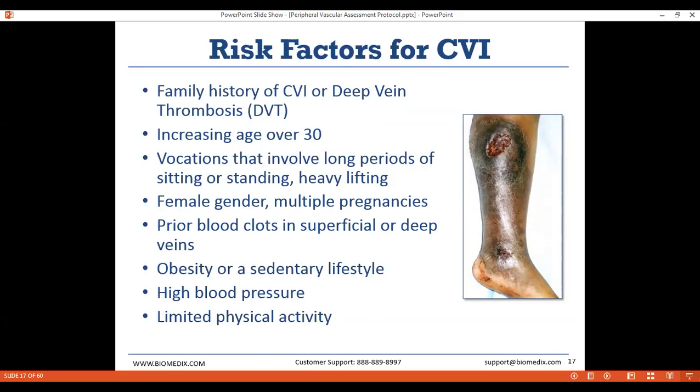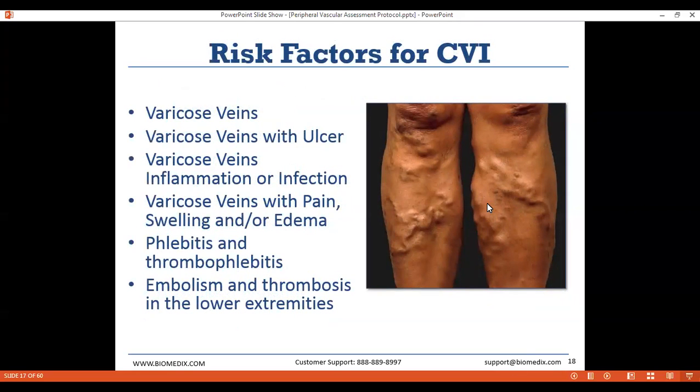Women are more prone to get CVI, especially those who have undergone multiple pregnancies. Prior blood clots in the superficial or the deep veins is another sign that those blood clots are forming because the blood is pooling there. Obesity or a sedentary lifestyle, high blood pressure, or limited physical activity are all risk factors for CVI.